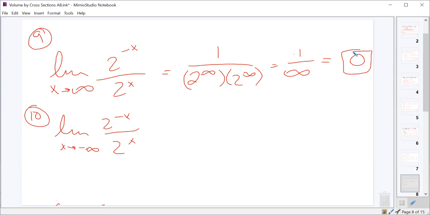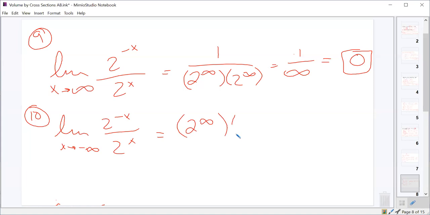Yeah. Okay. And then similarly with this second one, as we plug in negative infinity, we have a negative x already in the numerator. So the negative of negative infinity becomes a 2 to the infinity in the numerator. And then the denominator is a 2 to the negative infinity when I plug the negative infinity in, so that will rise up to be in the numerator.